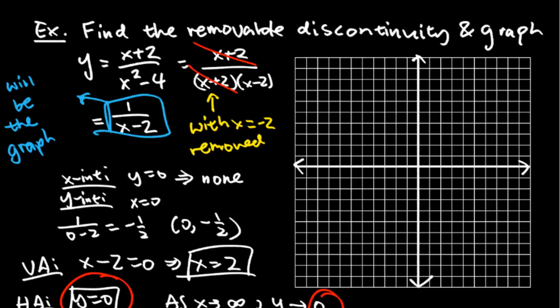Alright, so let's make that 1, 2, 3, 4 on each axis.